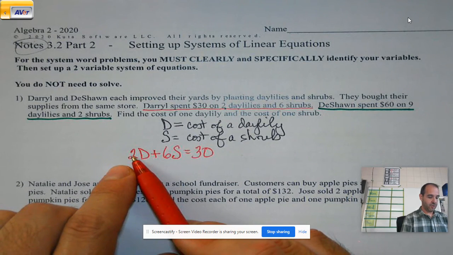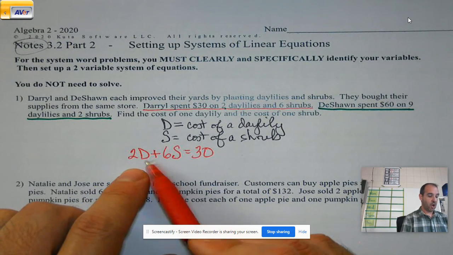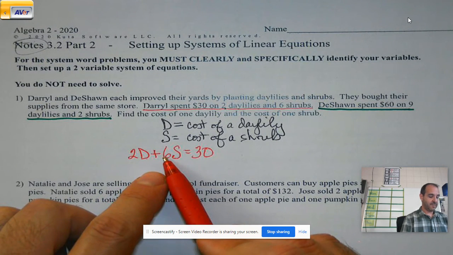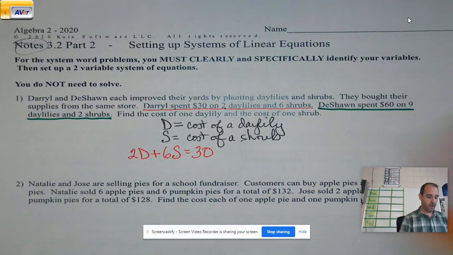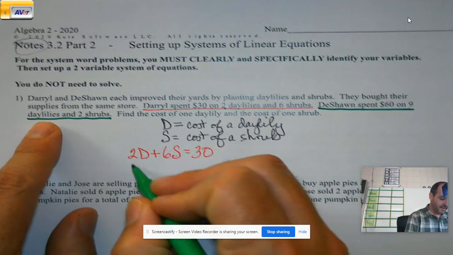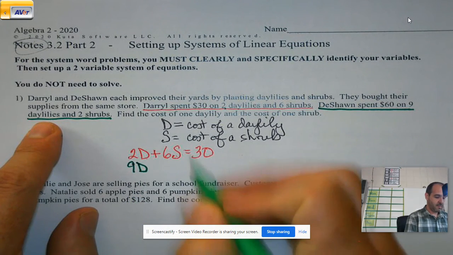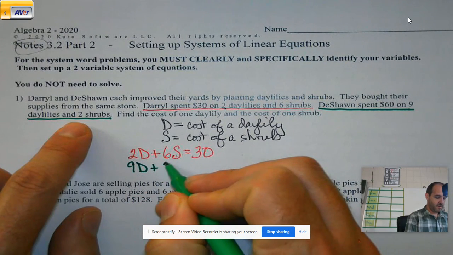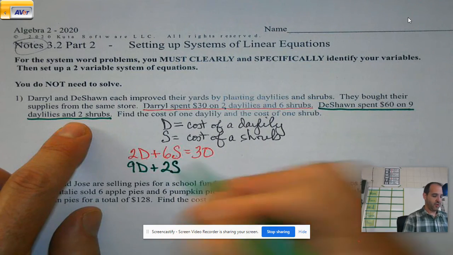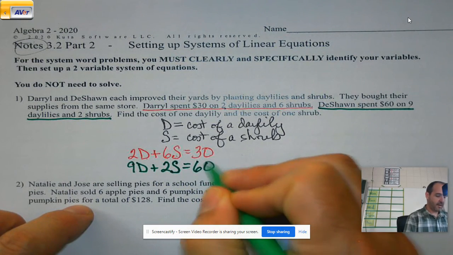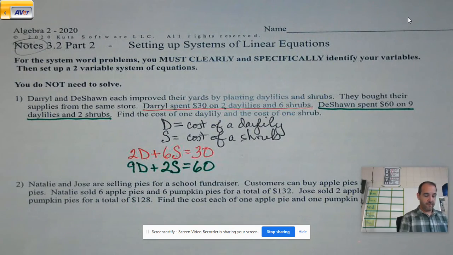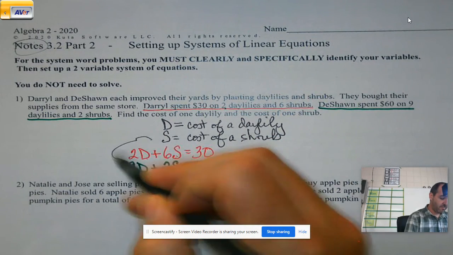So 2 times the cost of a daylily, we don't know that yet, plus 6 times the cost of a shrub is going to be $30. Okay. And then Deshawn, same idea. 9 daylilies and 2 shrubs for $60.